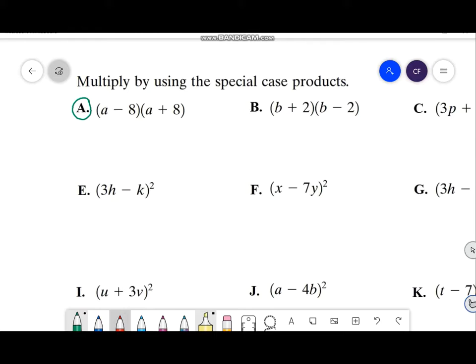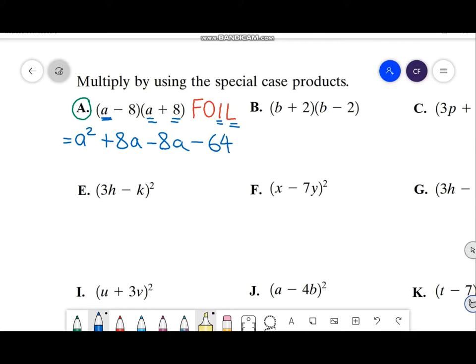I think we can solve using the FOIL method. I'm just going to show you that it's possible, and it's going to be the same answer, okay? I don't want you to apply the FOIL method here. I'm just showing. So let's say we apply FOIL. First, a squared, outer is 8 times a, then inner, negative 8 times a, and then last, negative 64.